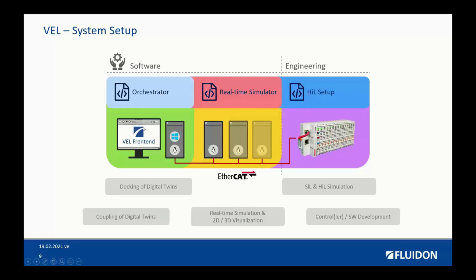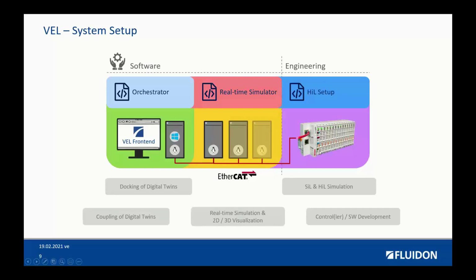The orchestrator organizes simulation workflows with digital twins. The powerful computer executes these digital twins in real time and calculates physical effects that are embedded in the digital twins, for example, dynamics, pulsations, vibrations, and so on. And a customer can connect his specific controller hardware to the hardware in the loop setup.